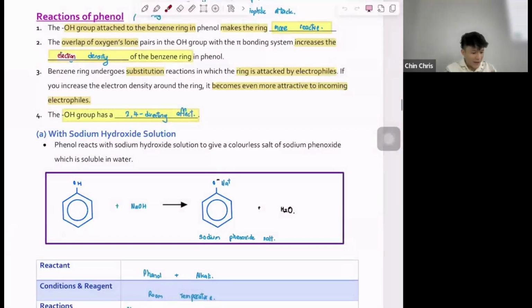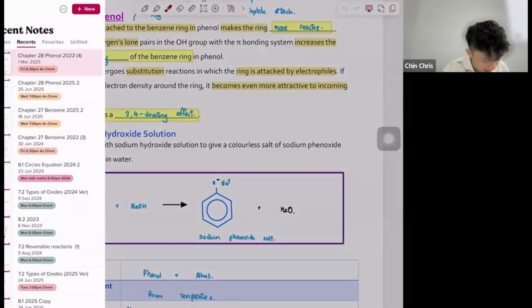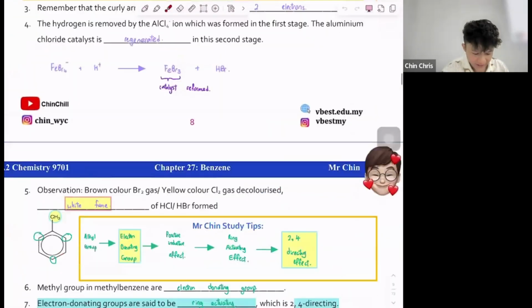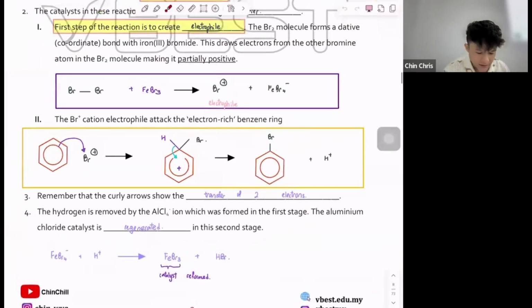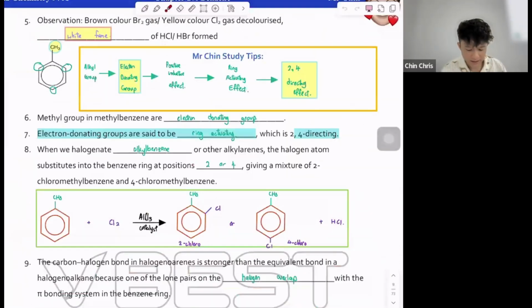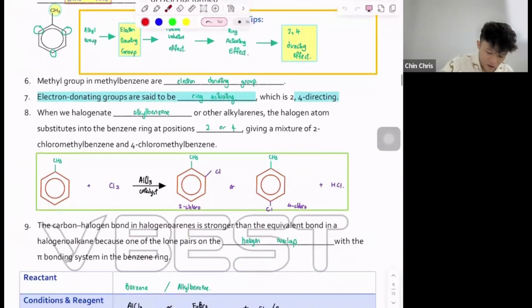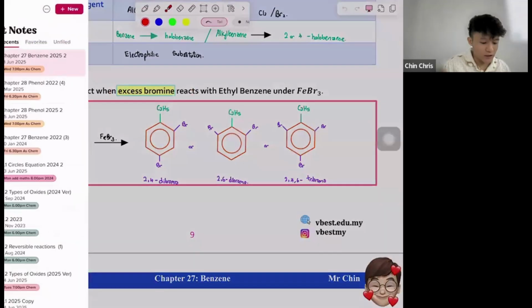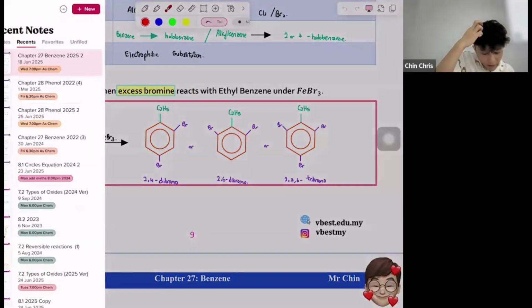That happens when it is a benzene. Benzene is different: it's just one position, unless it is in excess. But phenol is always a tribromophenol.